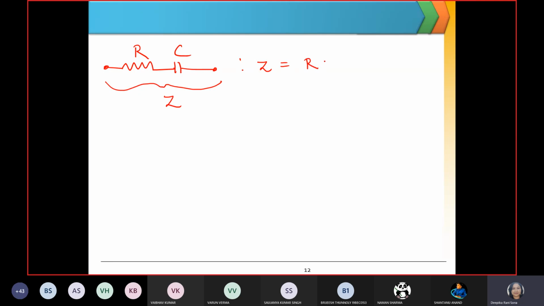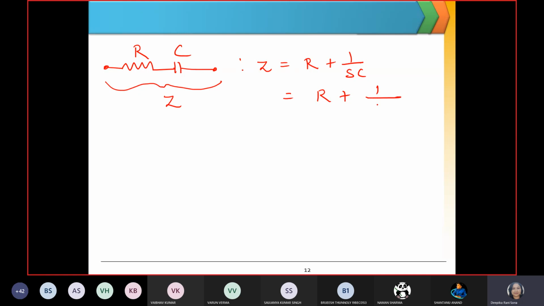Okay, but in frequency domain, what are we representing? C is 1 by SC. So 1 by... R minus jXC. Yeah, R minus jXC. Okay.